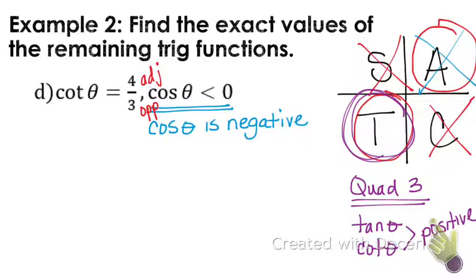So we're going to use the Pythagorean Theorem to figure out the hypotenuse. Hypotenuse is C. So C squared equals 4 squared plus 3 squared. Take a minute. This is a Pythagorean triple, so you may know this without doing the Pythagorean Theorem. But if not, just do the Pythagorean Theorem. Find C.